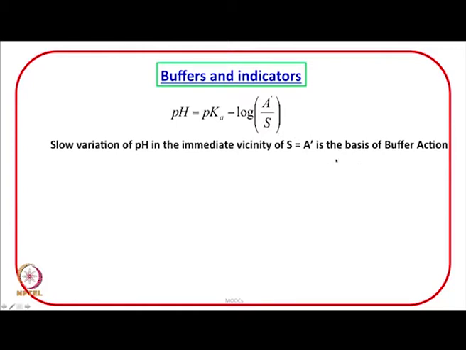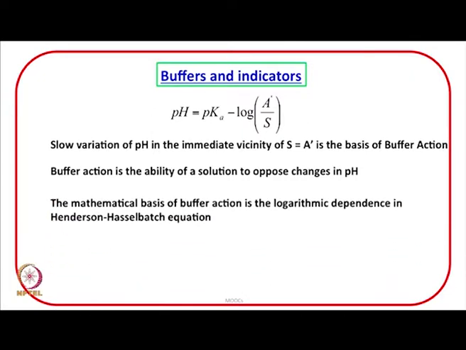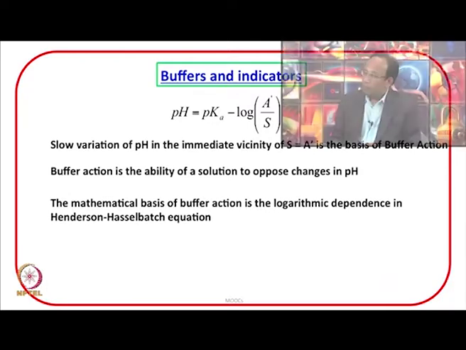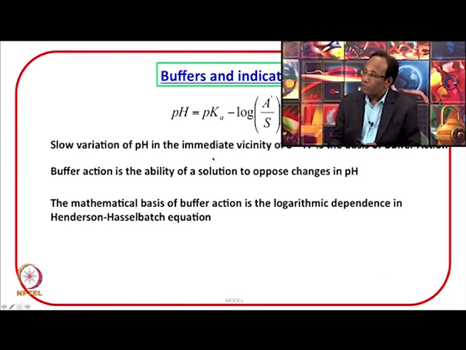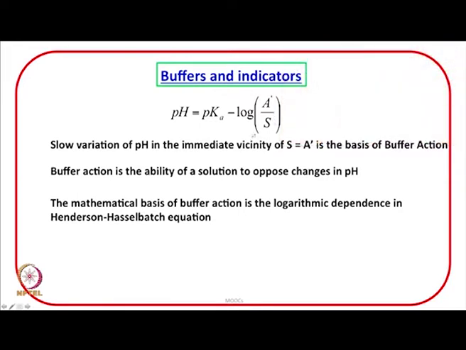Remember that flat region. And buffer action is the ability of a solution to oppose changes in pH, as I just discussed. What is the mathematical basis of buffer action? It is the logarithmic dependence on the ratio of acid to salt concentration.